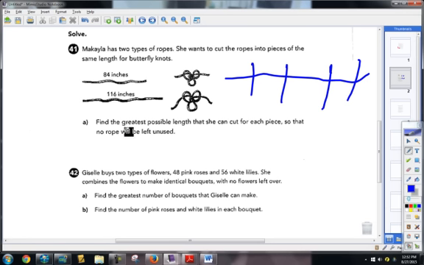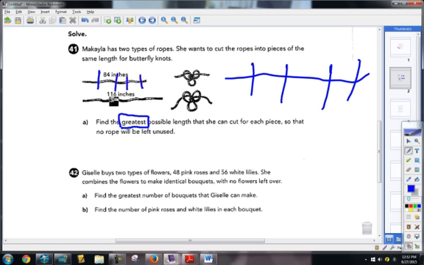Find the greatest possible length that she can cut for each piece so that no rope will be unused. Okay, so she wants both types of ropes to have the same length pieces cut. You just can't say I'm just going to cut it wherever. She actually wants them to be a good length.